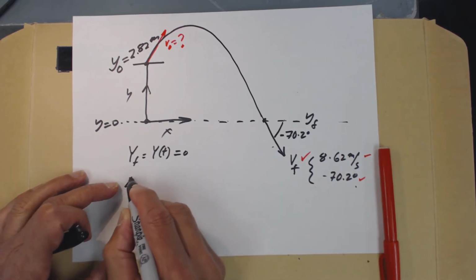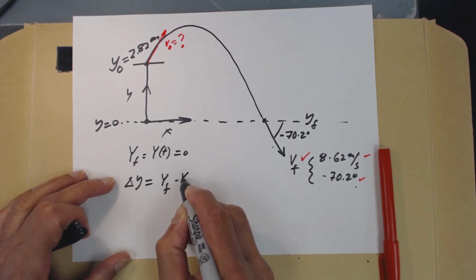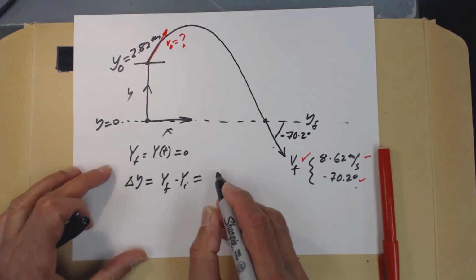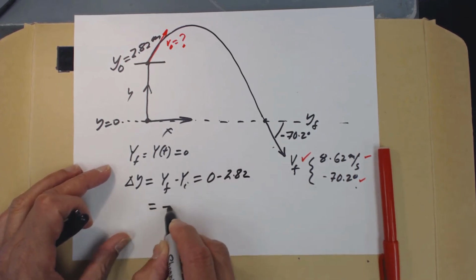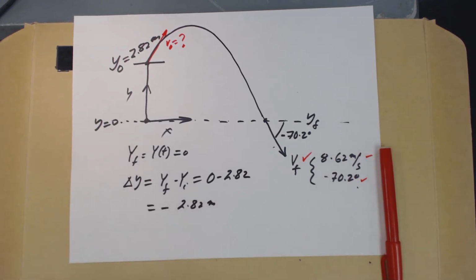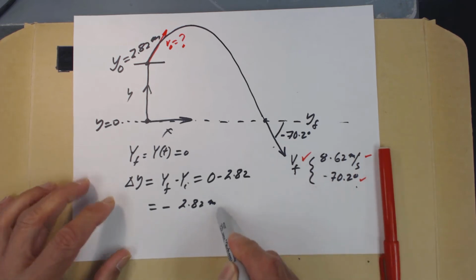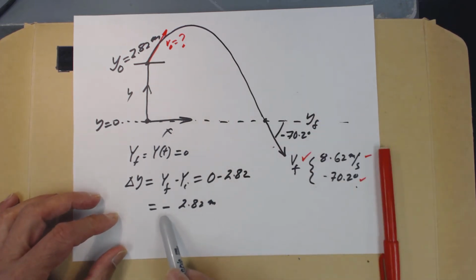So delta y is clearly y final minus y initial, equals 0 minus 2.82 meters. So delta y is minus 2.82 meters. This, from the given fact, I already know: the object has fallen 2.82 meters.